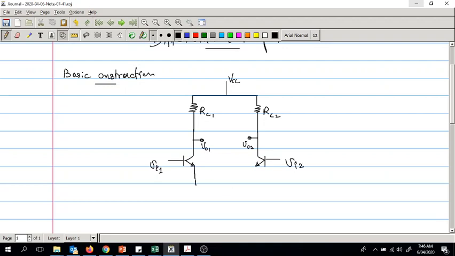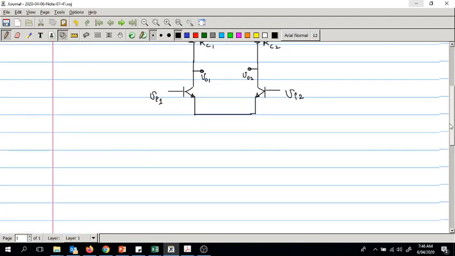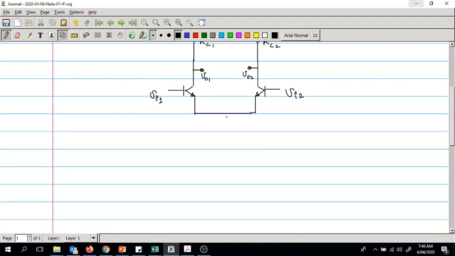So these two emitters are connected to a constant current source, right? In theoretical cases it's a DC constant current source, and then you have the ground.